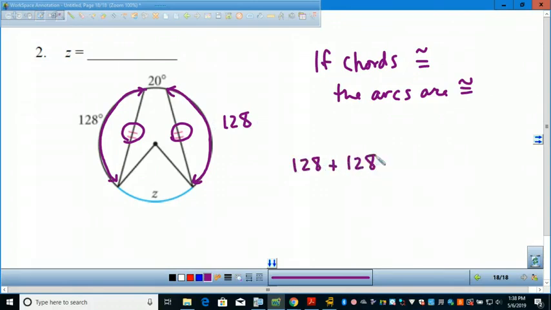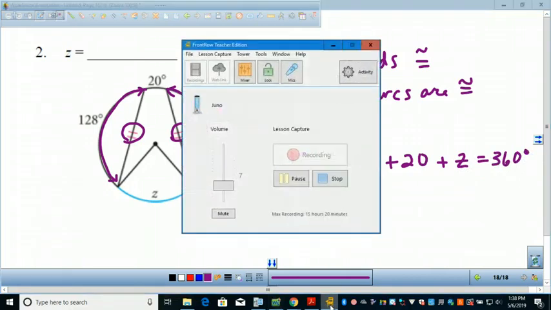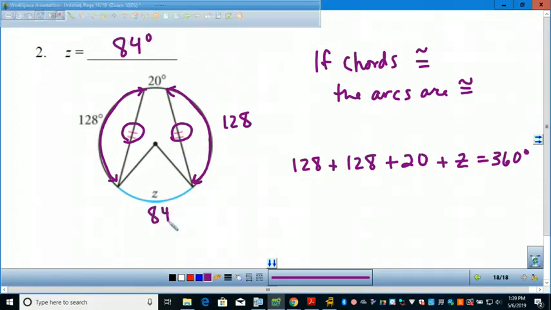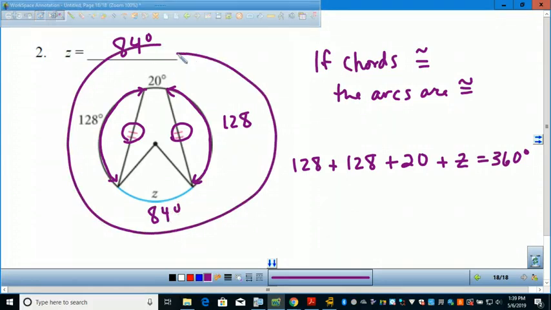So use your calculator and find Z. If you put this on your calculator, you get 84 degrees is the missing arc, because these all have to equal 360 altogether.